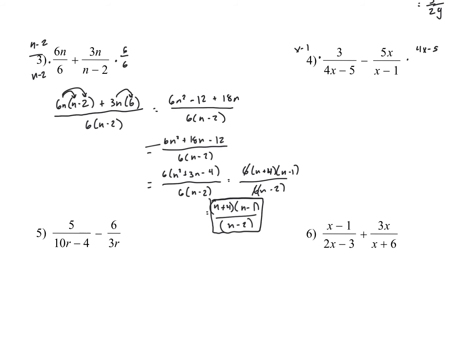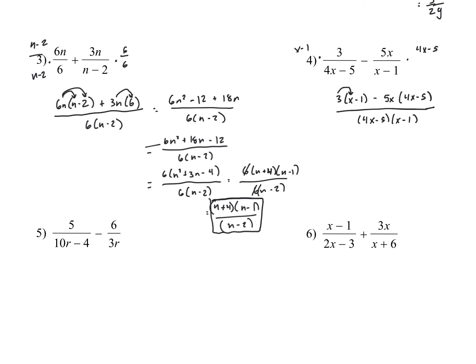Okay, I'm going to put everything over one denominator because it's going to end up there anyway. I now have 3x minus 1 minus 5x times 4x minus 5. Keep your eye on that negative sign. We don't want to lose it. And then in the denominator, I should have both expressions.